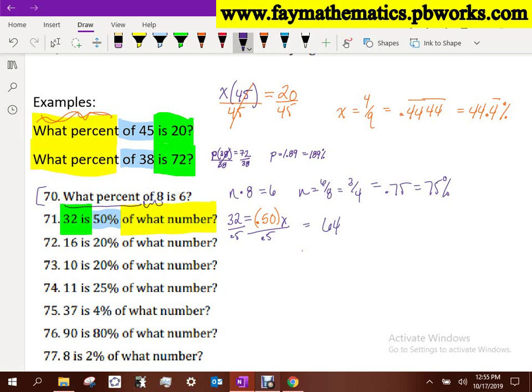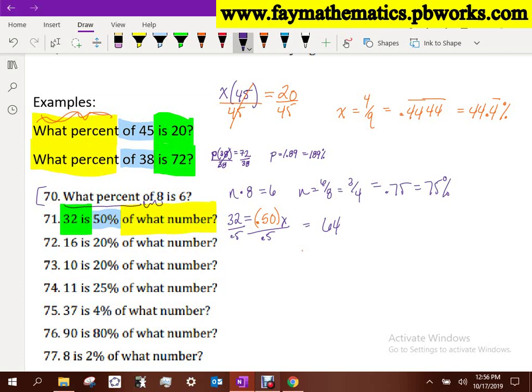Right, so here's the thing then. When I look at this, they're asking 32 is half of, essentially, right? What number? When I say 50%, that's half, right? So you went the opposite direction. So here's the thing. I want to know if I'm right.